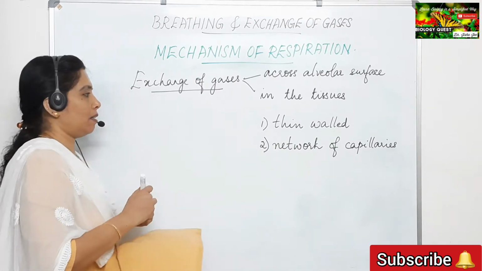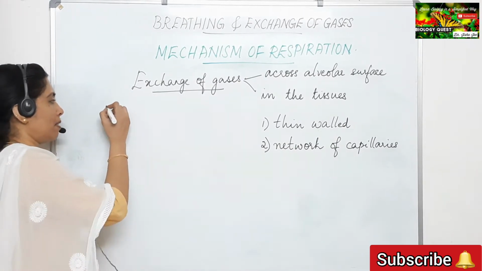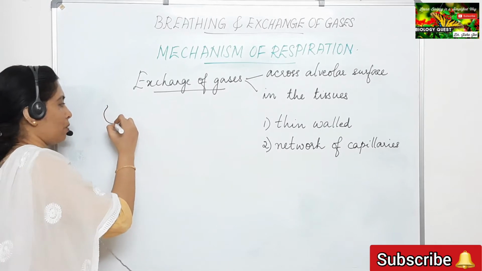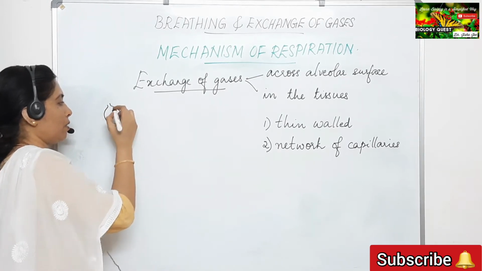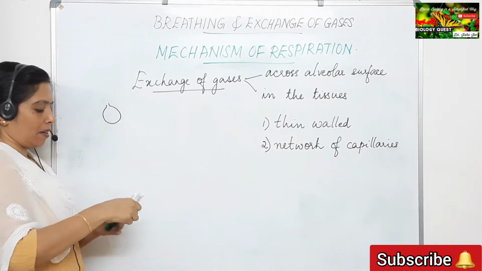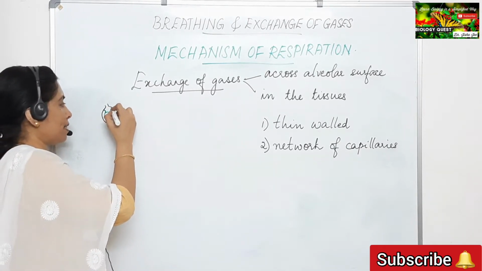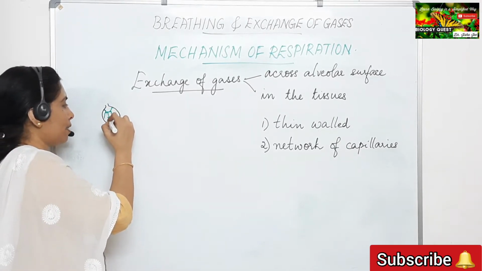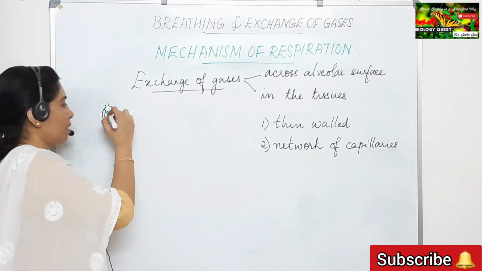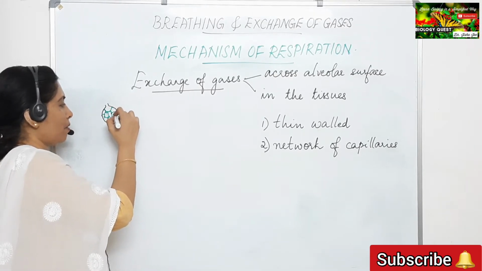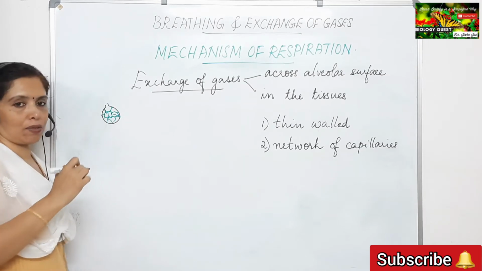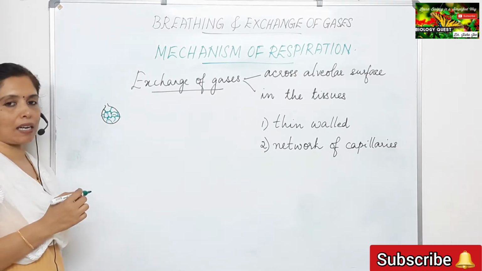So I am just drawing an alveolus. Suppose that is an alveolus. If we look, we can see that the surface of the alveolus is richly supplied with blood capillaries. You can see the blood capillaries on the surface of alveoli, which I have marked in green color.